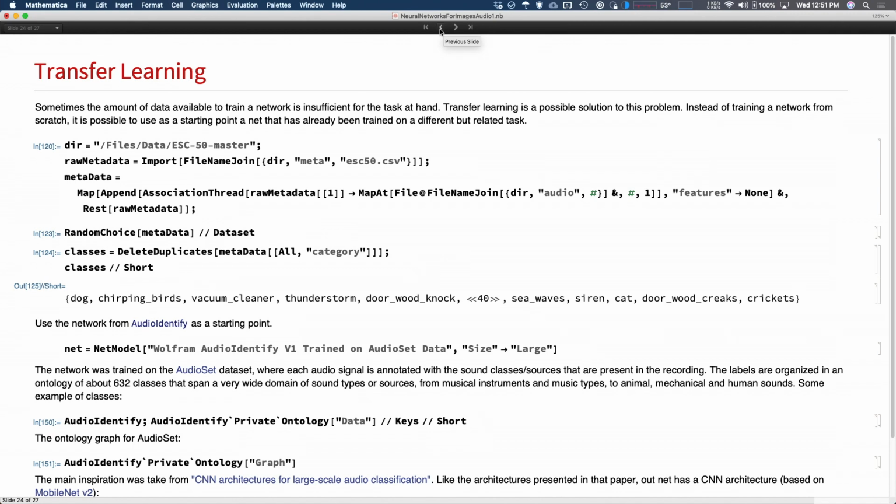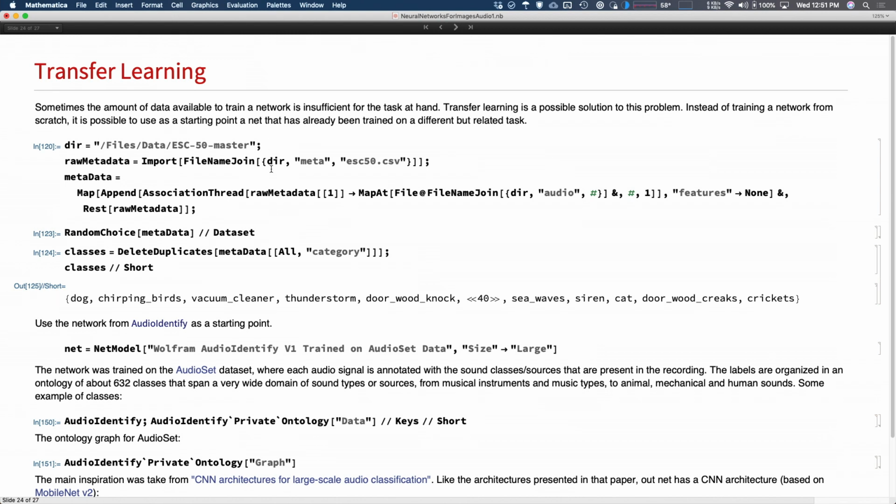And the crucial part is that this network that you're starting with was trained on a task that is not the same as the one that your goal is, but is a related task. So the features, or the internal representation that was produced while training that network on the different task, are still relevant for the task at hand.